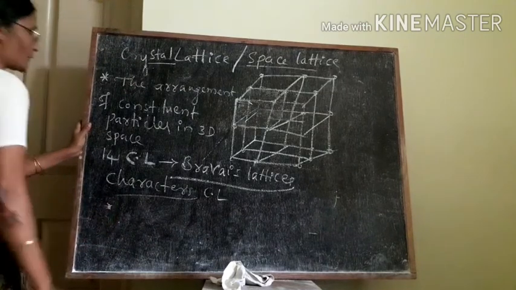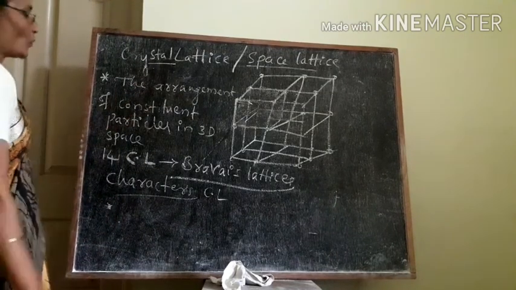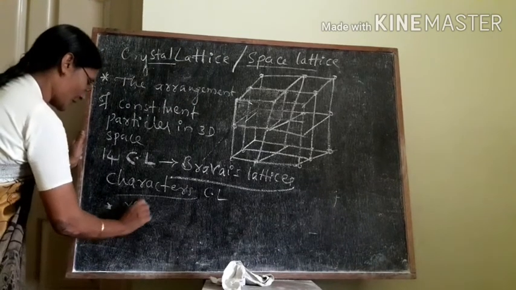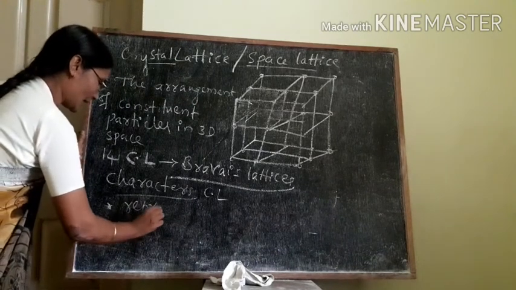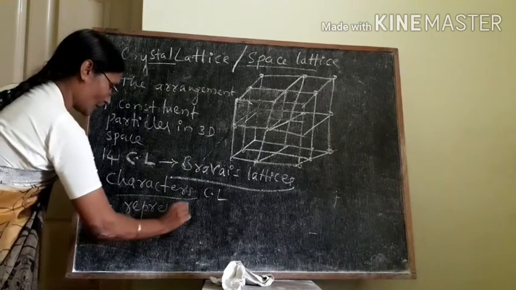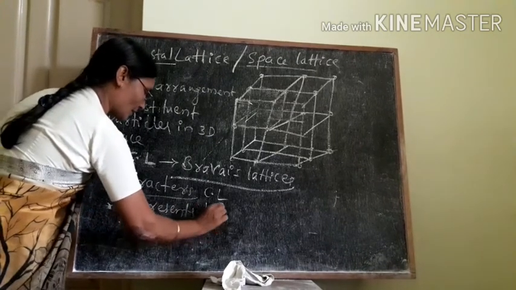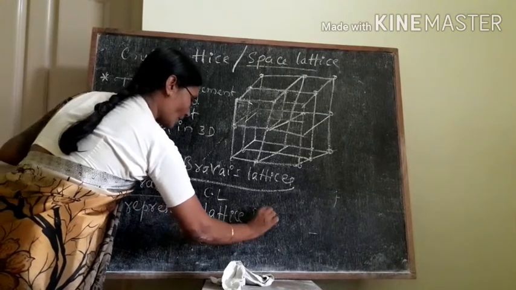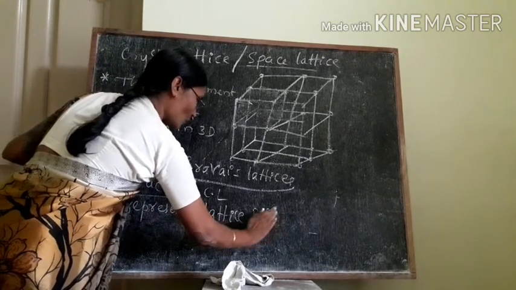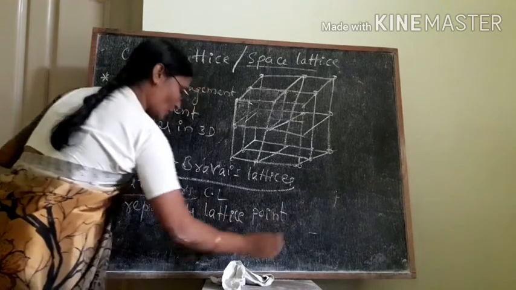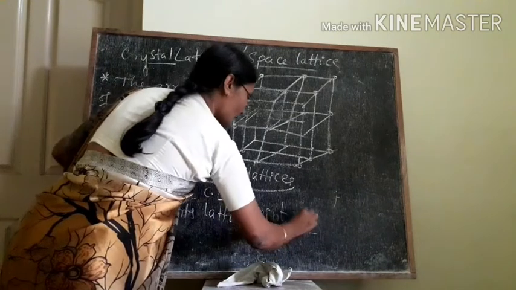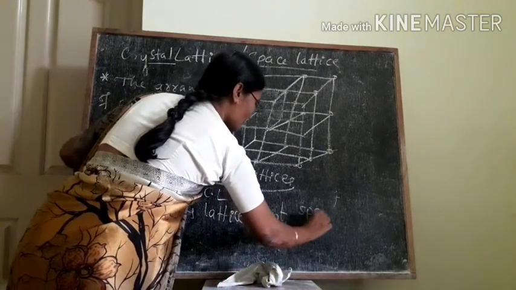First point is, each point in the lattice represents a lattice point, or you can take it as space lattice.